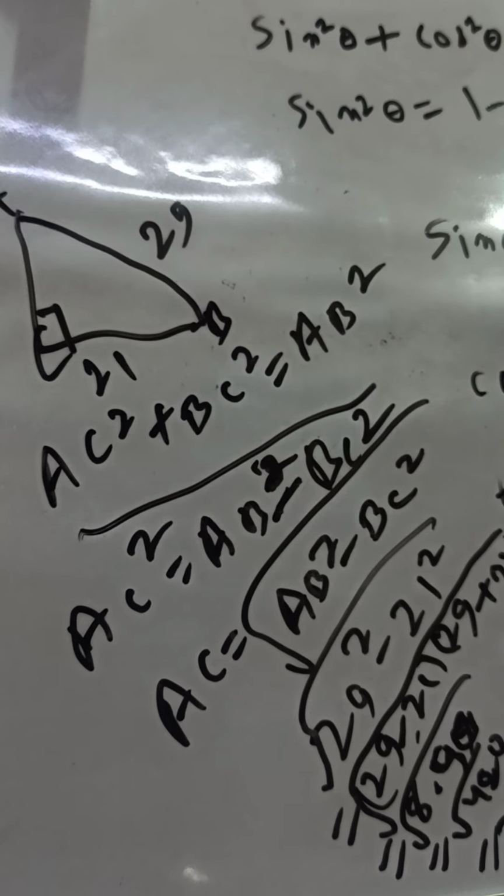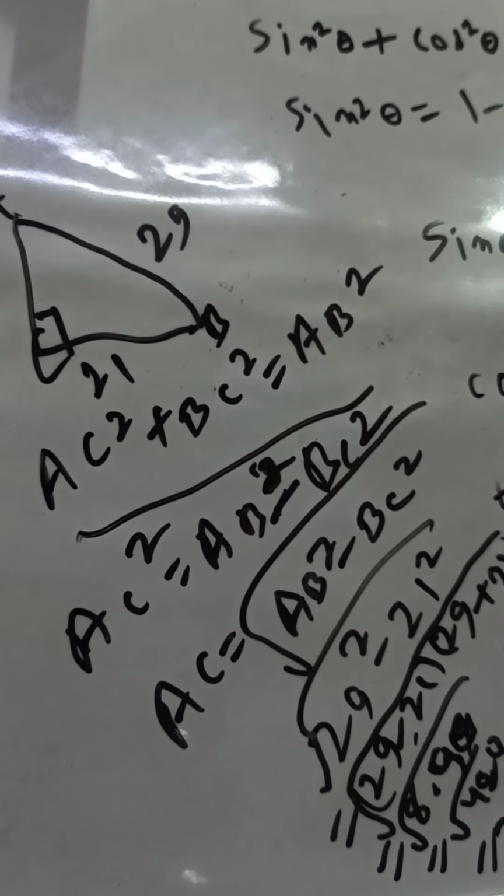Then he asked cos square theta plus sin square theta. You can just get it. You have got AC and AB. Just see in the example, the result is given. Let's see it. This is example number 3. Sin square theta plus cos square theta and cos square theta minus sin square theta, everything you can get.